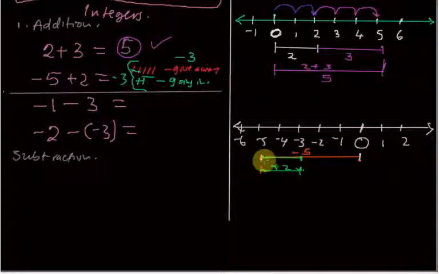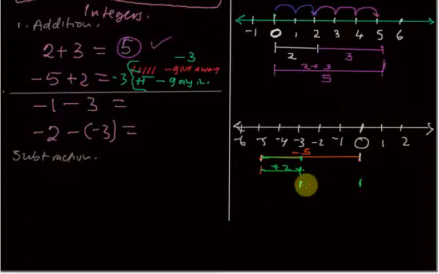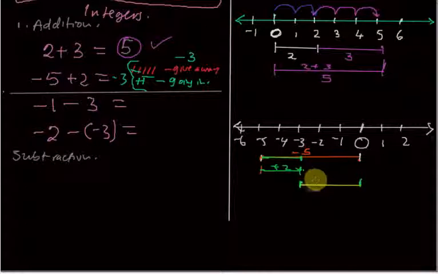Now you see it is as if it decreases my -5 to -3. So what I get here is my result now, from where I ended back to 0. I ended here, so this is my result, for -5 plus 2.